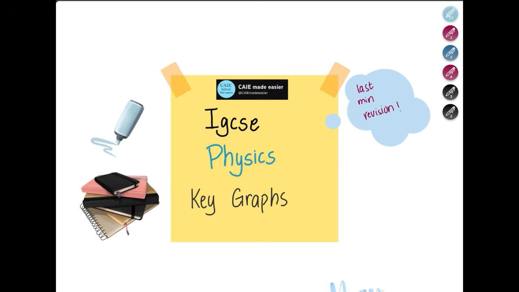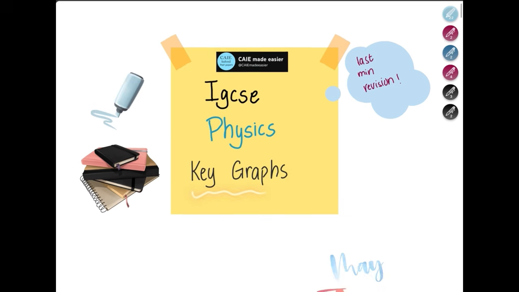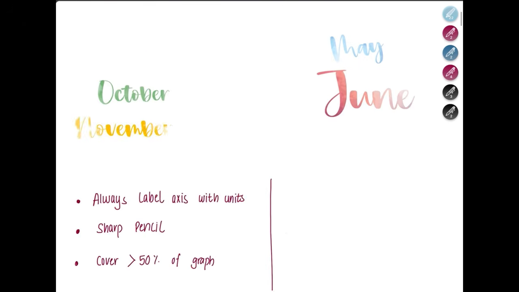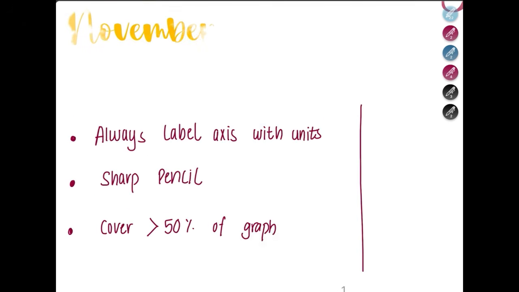In this video, we'll discuss some key graphs. Remember, whenever you're solving graphs, always use a sharp pencil. Cover more than 50% of the graph. If your graph is too small, you might lose marks. Finally, always label your axis with units. When you're labeling, for example, if you write time, never forget to write the unit, for example, seconds.